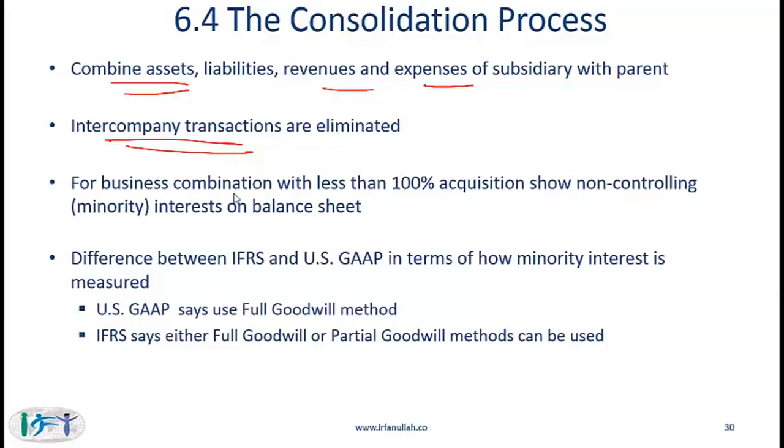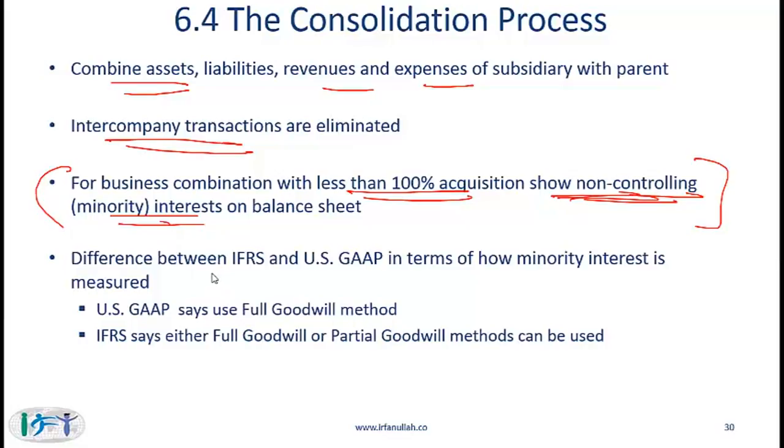For business combinations with less than 100% acquisition, we need to show the non-controlling or the minority interest on the balance sheet. You might recall seeing this at level 1, but I know that most level 1 students don't fully understand this concept of non-controlling or minority interest. You can get past level 1 without a proper understanding of this concept, but you cannot get past level 2 without properly understanding the concept of non-controlling or minority interest.